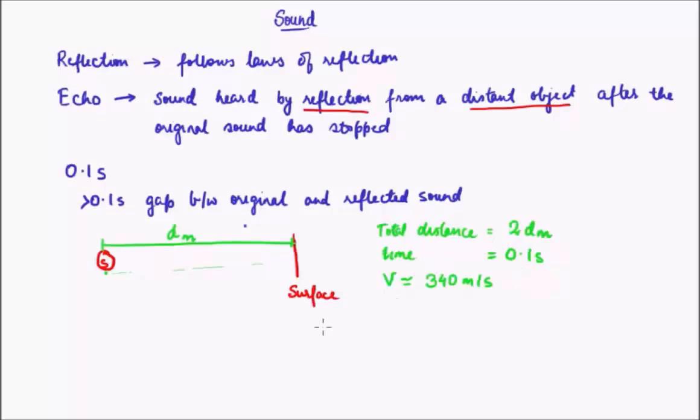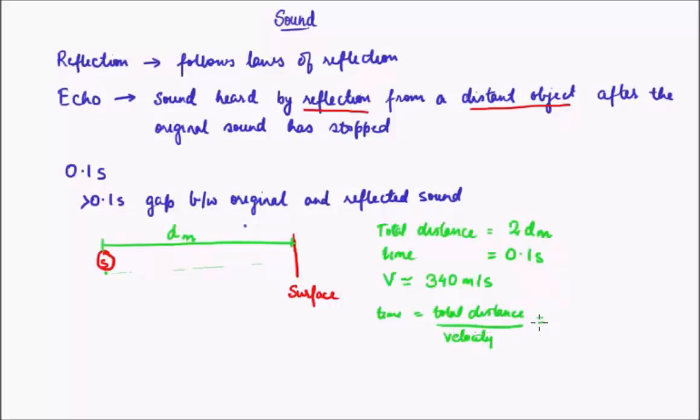Now given the velocity, distance and time, we can write time is equal to total distance upon the velocity, right?